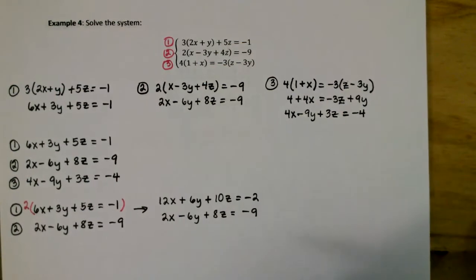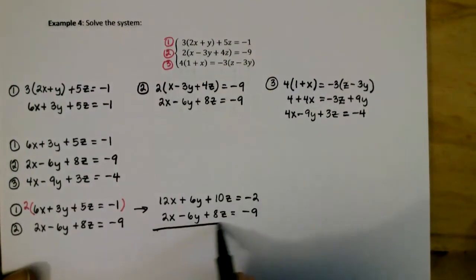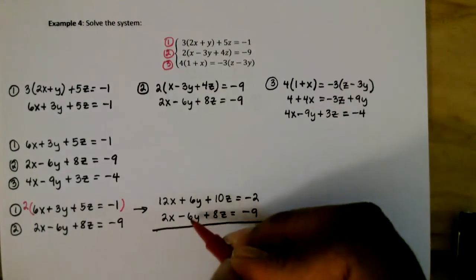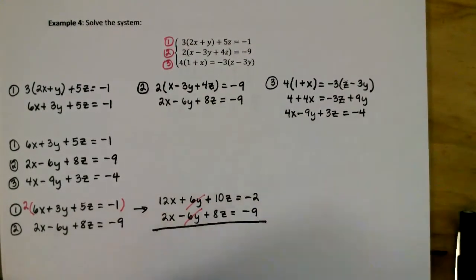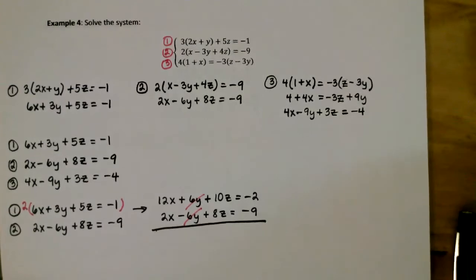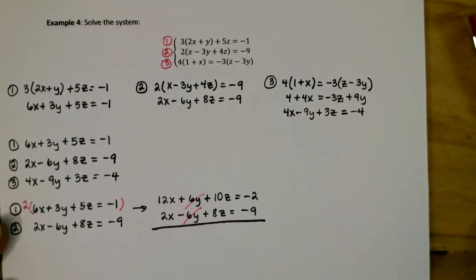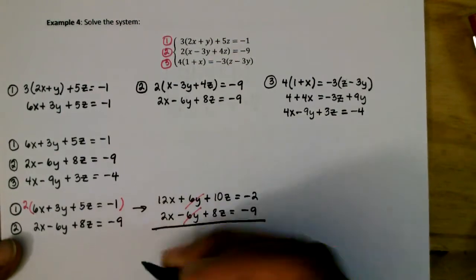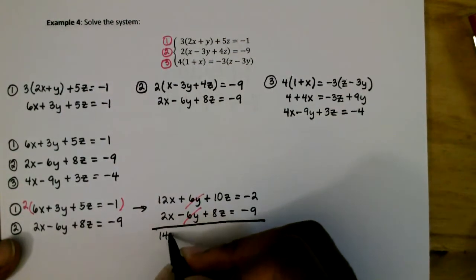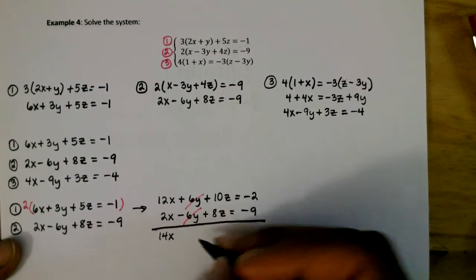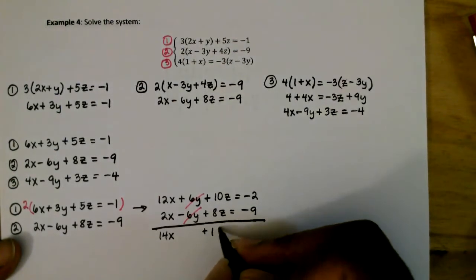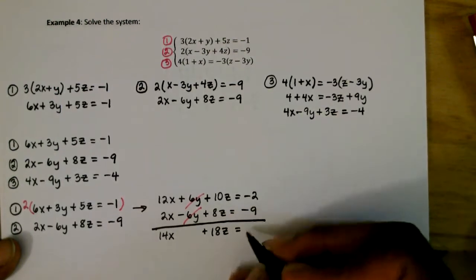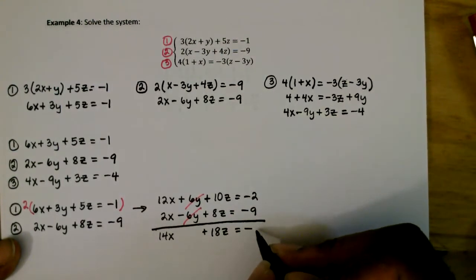And I'm going to add those two equations together. So here, 6y and a minus 6y, that's gone. And now if I add the two equations together, 12x and 2x, that's 14x. 10z plus 8z will be plus 18z, equaling negative 2 plus 9 will be negative 11.